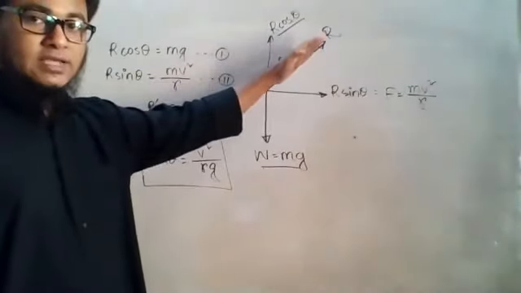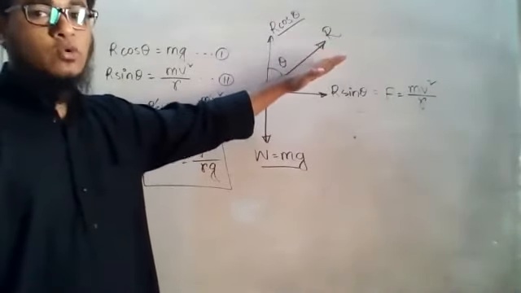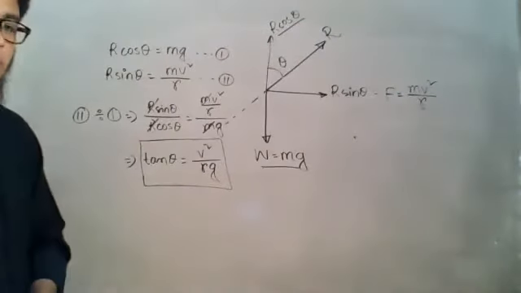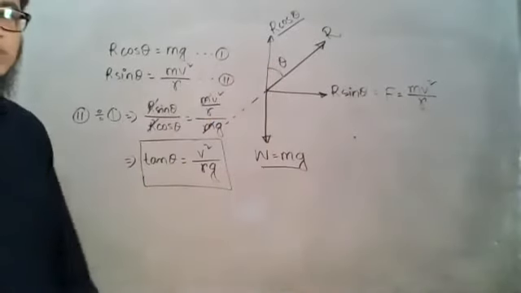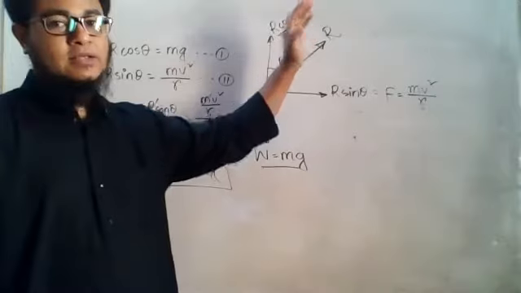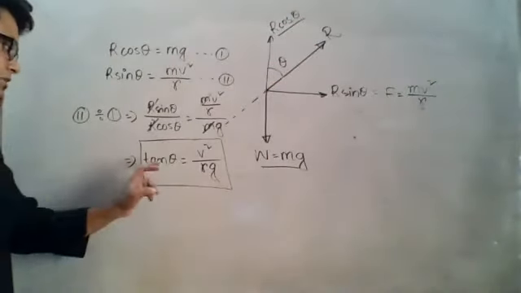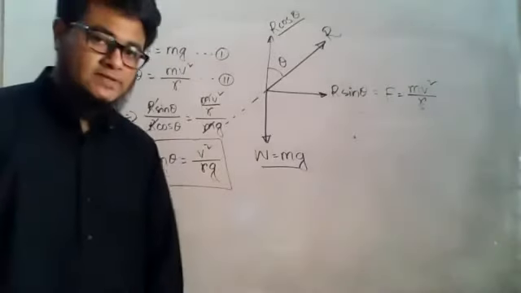If the velocity is higher, then he will need to incline more. If the velocity is less, then less inclination is okay. So it is important to consider this angle to be theta, because from here I am inclining at a certain angle. So this angle is important to me. So tan theta is equal to v square by rg. Okay, is it clear?